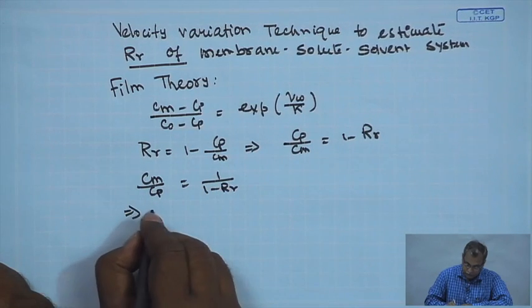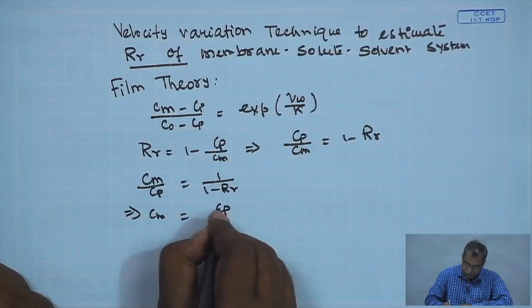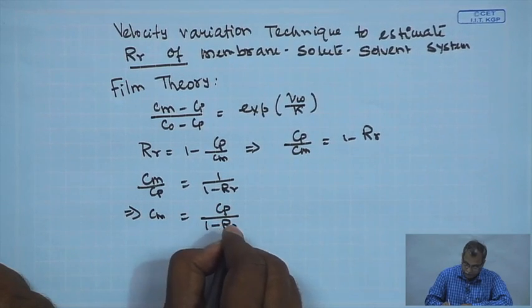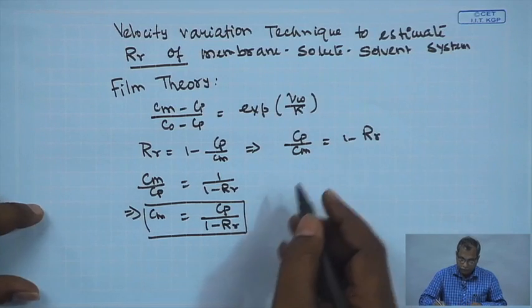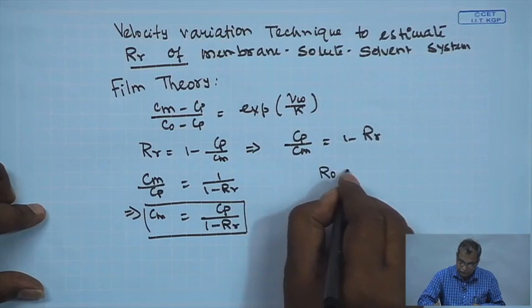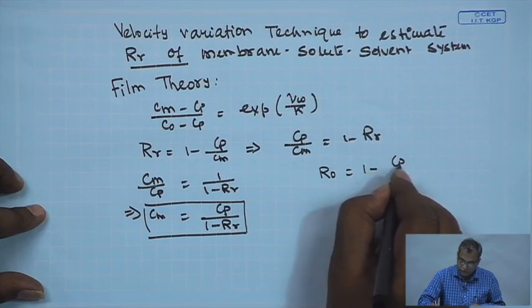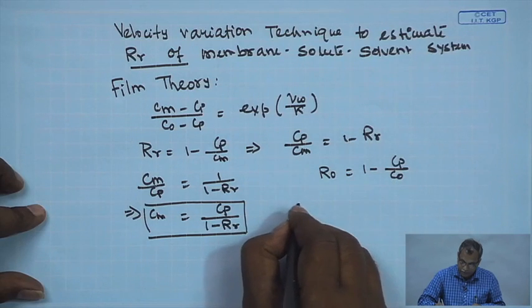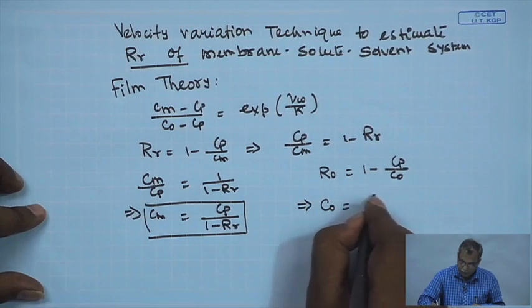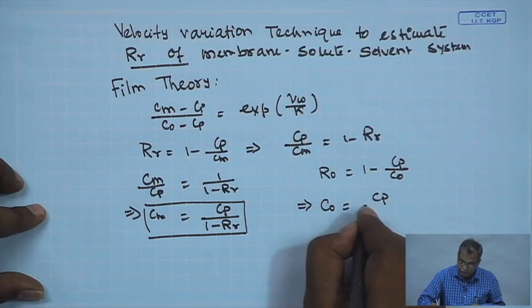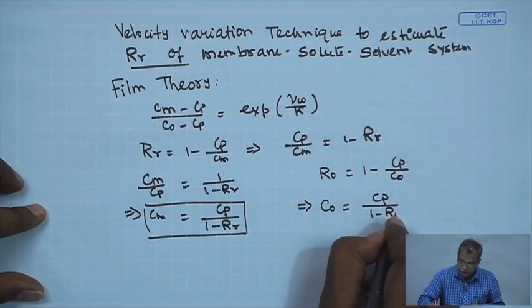Therefore, Cm is nothing but Cp divided by 1 minus Rr. Similarly, from the definition of observed retention, R naught is 1 minus Cp by C naught, and we can estimate C naught in terms of Cp. So, C naught will be nothing but Cp divided by 1 minus R naught.